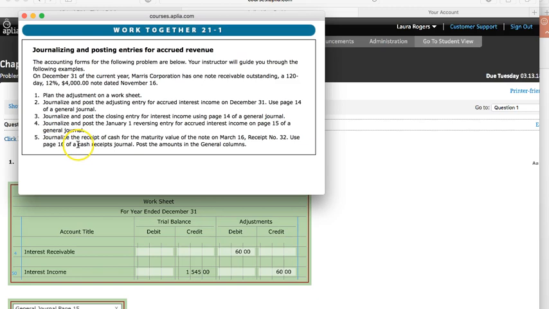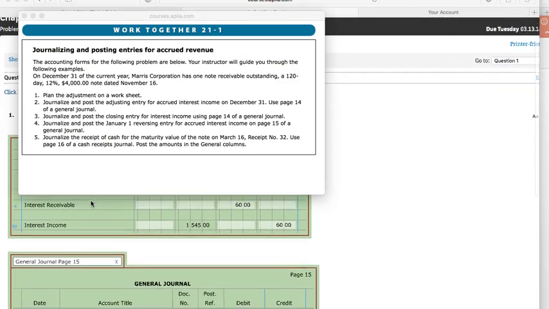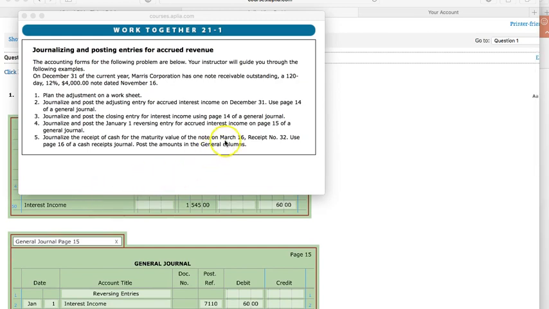Now it says to journalize the receipt of cash for the maturity value of the note on March 16th. Receipt number 32. Use page 16 of the cash receipts journal. Post the amounts in the general columns. Okay, so first of all, let's calculate our interest amount for January 1st through March 16th.